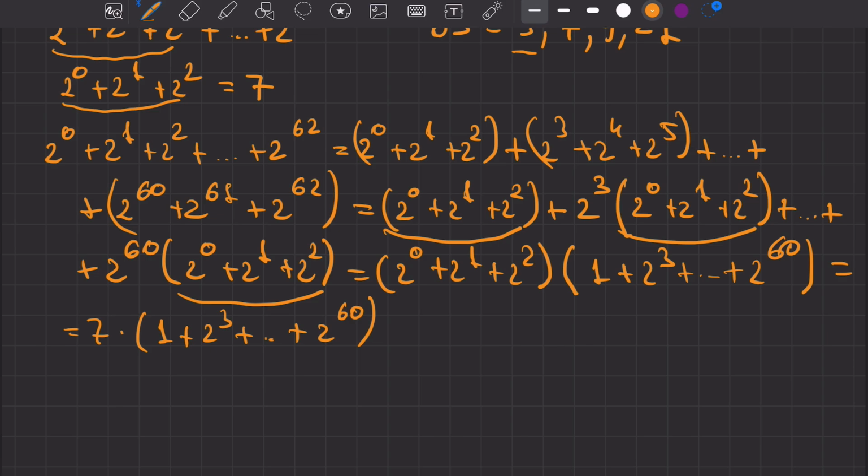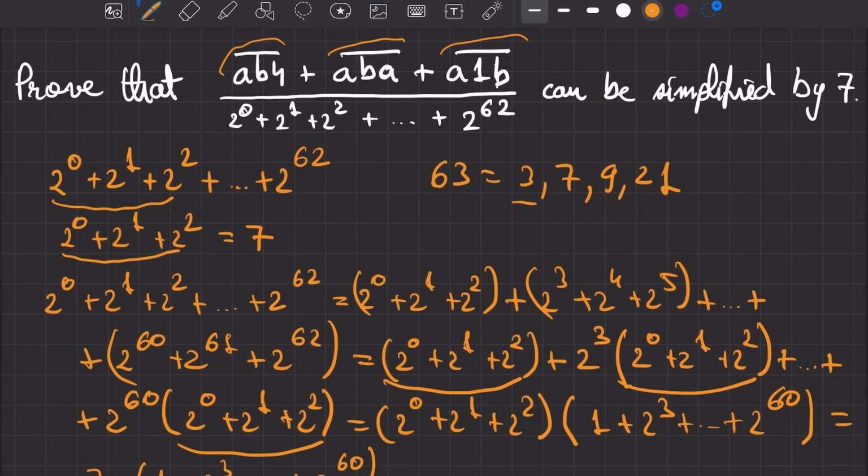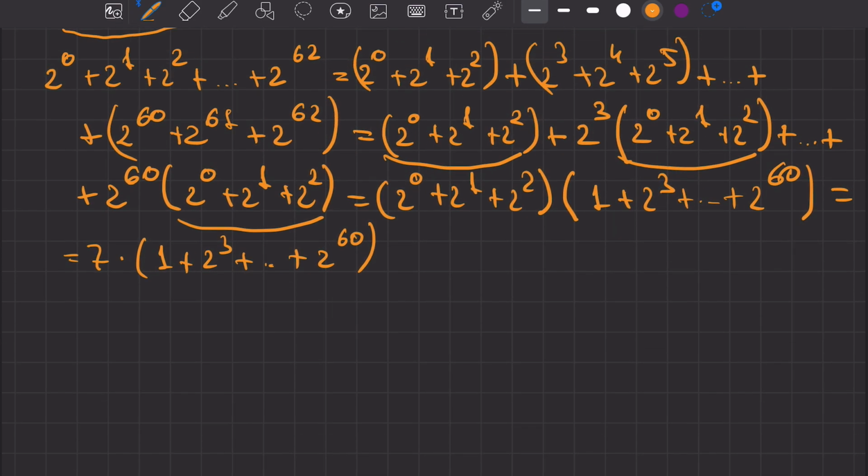Now for the numerator, we have to calculate the sum of these 3 terms and see whether we can take 7 in front like we did with the denominator.